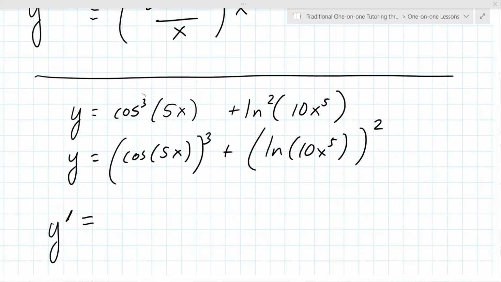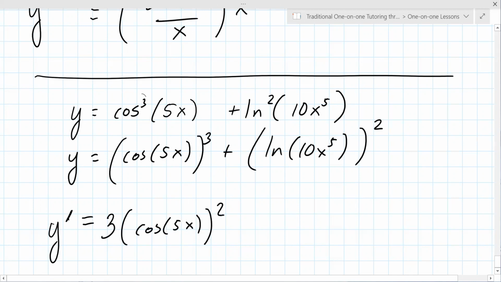You would bring the 3 down, so it'd be 3. Are you trying to find the derivative? Yeah. Everything's derivative. So it's power rule first: 3 cosine 5x squared. Then derivative of cosine, negative sine 5x. And then you have to take the derivative of 5x, which is 5.